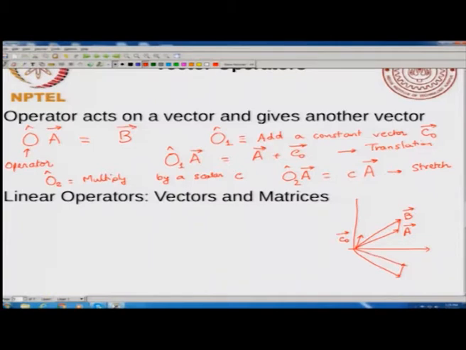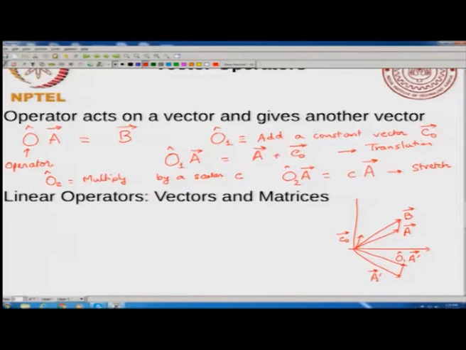If I take this as A prime, then this is operator O1 operating on A prime. That is why this is a translation operator, where it just shifts or translates the vector by a certain amount.